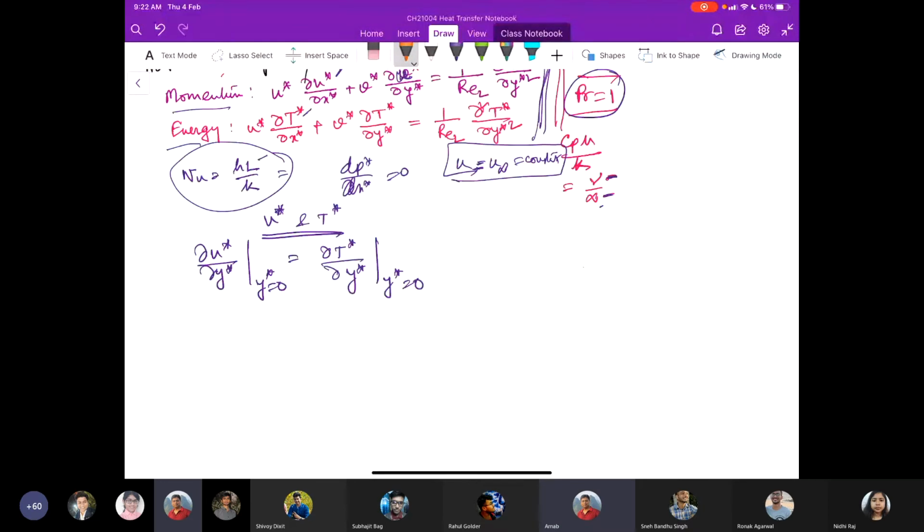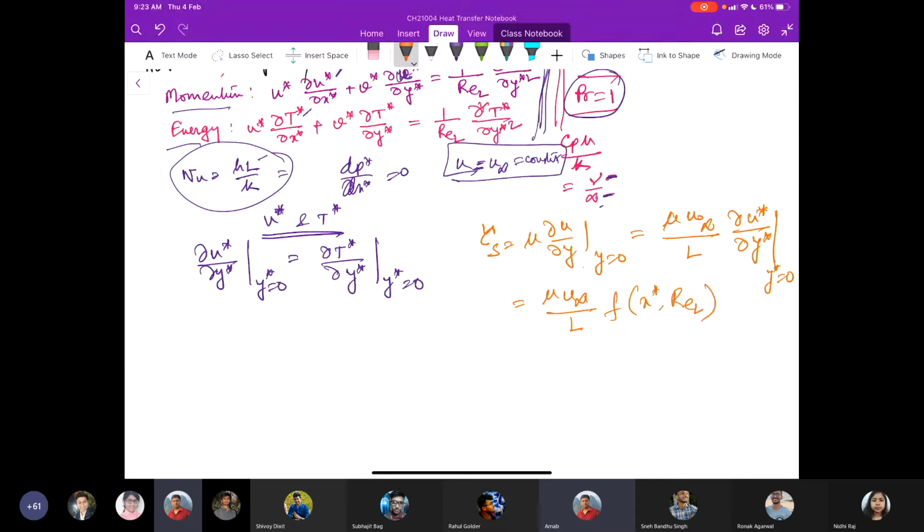So for the surface shear stress tau s at y equals 0, we got mu times the free stream velocity divided by L. This is when we did the non-dimensionalization, at y star equals 0, which means we had mu divided by L, which was a function of x star and Reynolds number, because u star was a function of domain boundary and the Reynolds number. This we discussed in the last class.